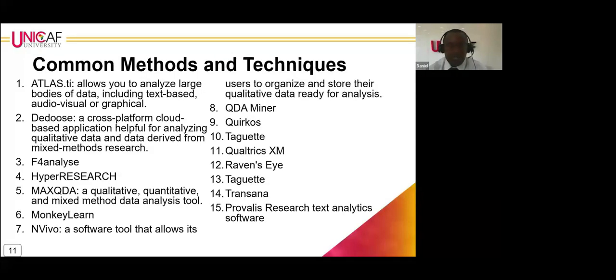We move on and look at the common methods and techniques that we use in qualitative research.